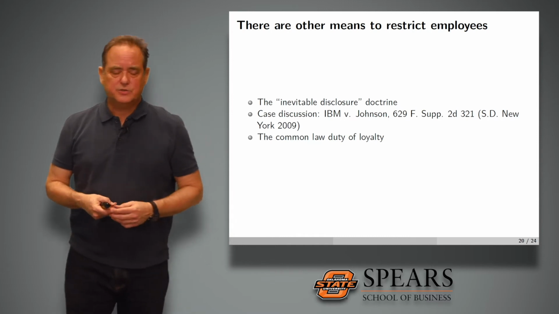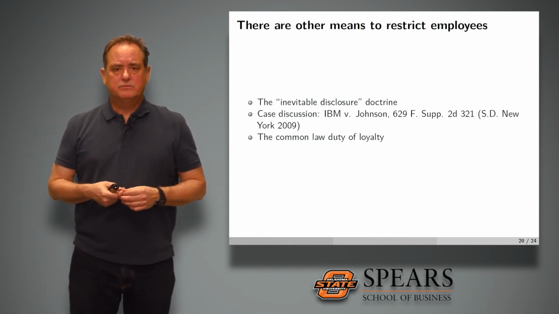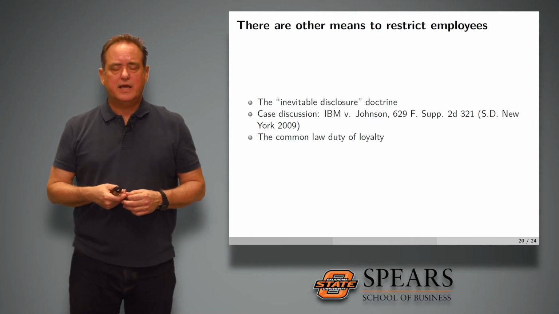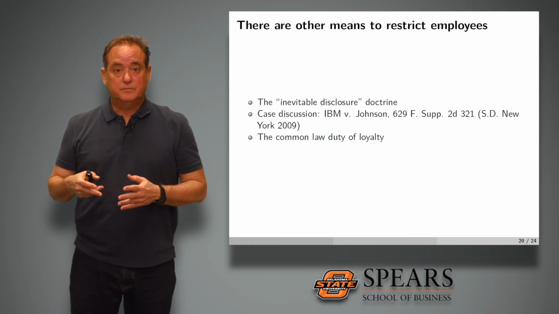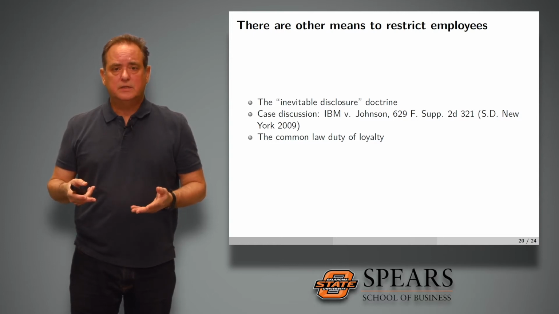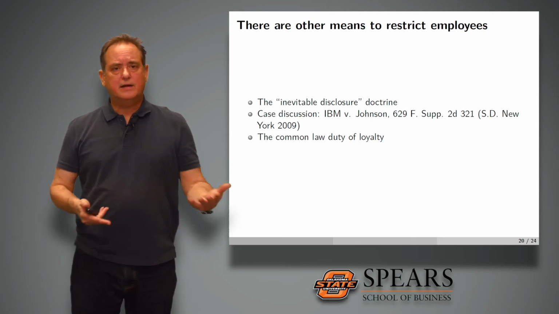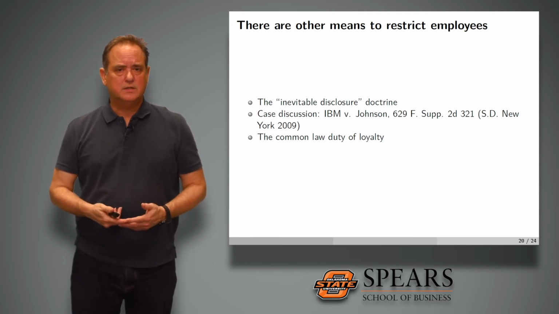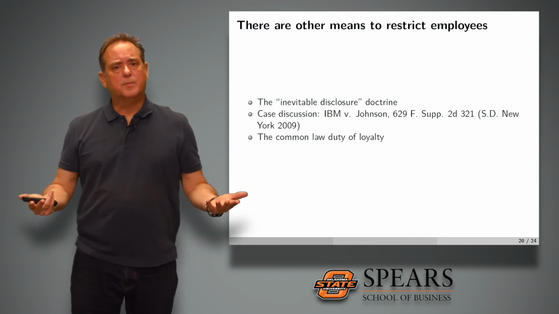I had a case once where a person contacted me and said that he had changed jobs and that he was now being sued because his former employer didn't want him to work in the new job. So I said, okay, send me your non-compete. I'll look at it. I'll let you know if I think it's enforceable or not. And he said, well, there's no non-compete. And I said, well, what is this based on then?